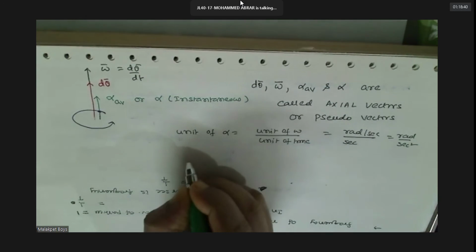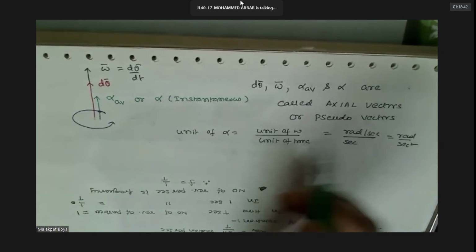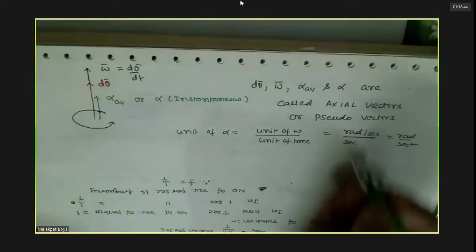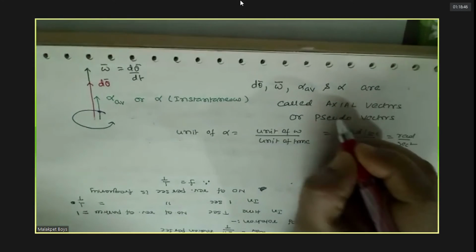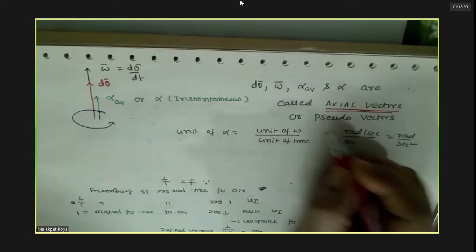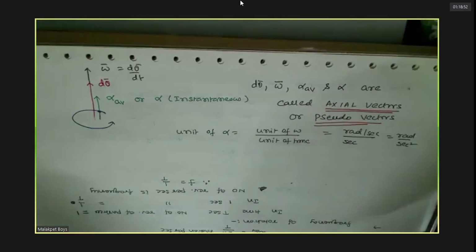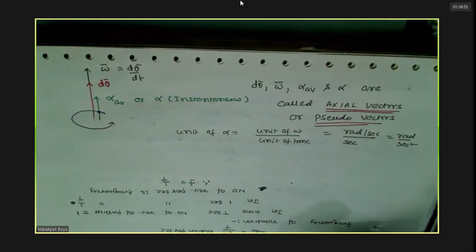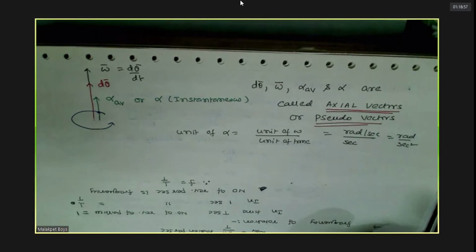Please explain those pseudo vectors once again, sir. I didn't understand. Pseudo vector means direction is along the axis, a name given to that, nothing else. What is the direction? Axial. Pseudo means assigned. In reality, it is not existing. Understood this? Left and right are pseudo directions.